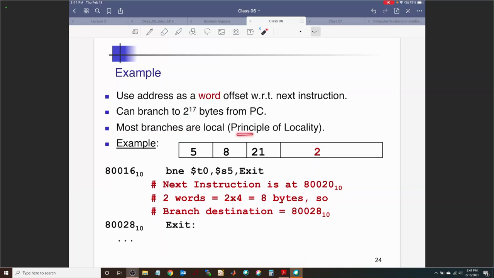So principle of locality is a concept that we are going to learn later when we go into a discussion on memory, which is very detailed. But essentially that means that if you are trying to read some things, then you tend to read things that are local to the current address in memory, as opposed to making big jumps away from that.